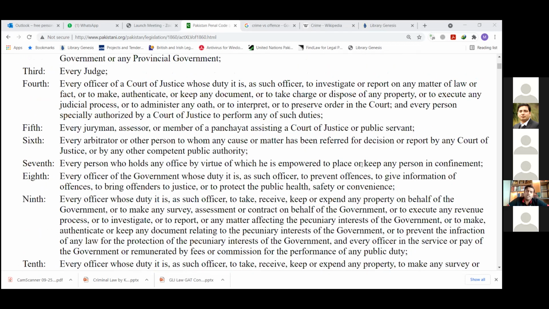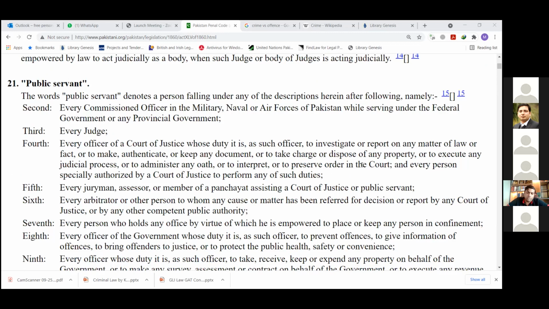Public servant is one of the most important definitions in PPC, which is referred to by lots of other statutes, because this definition of public servant is well thought out and comprehensive.